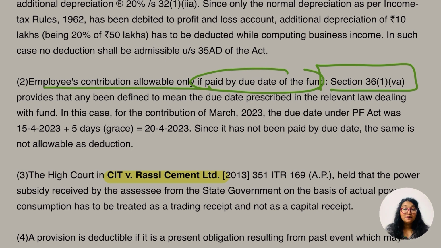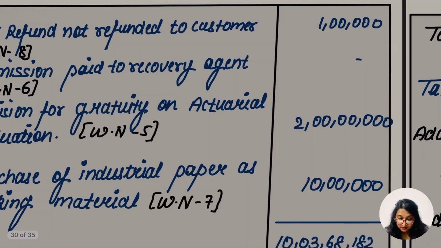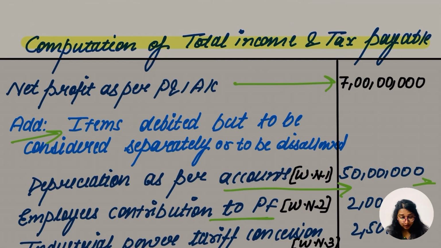As I told you, plus 5 grace days are allowed. So the due date is 20 April 2023. Since it has not been paid by the due date, it is not allowable as a deduction.